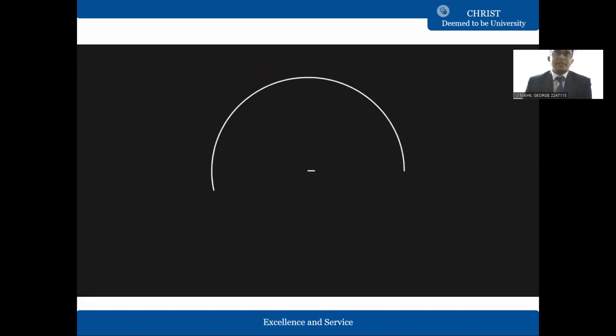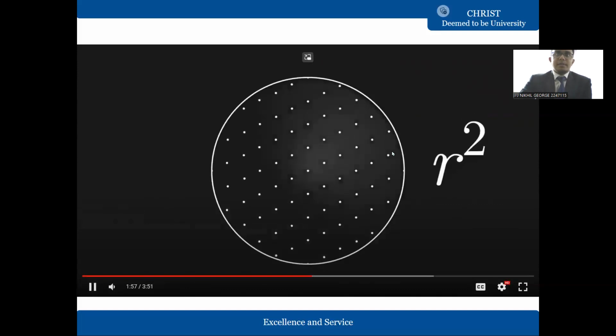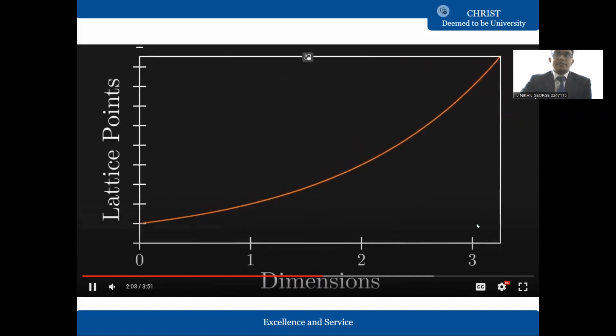Just imagine a plane and a circle, where R is your radius. If you take it as an area, it becomes R squared, and if you take it to 3D, it becomes R cubed.